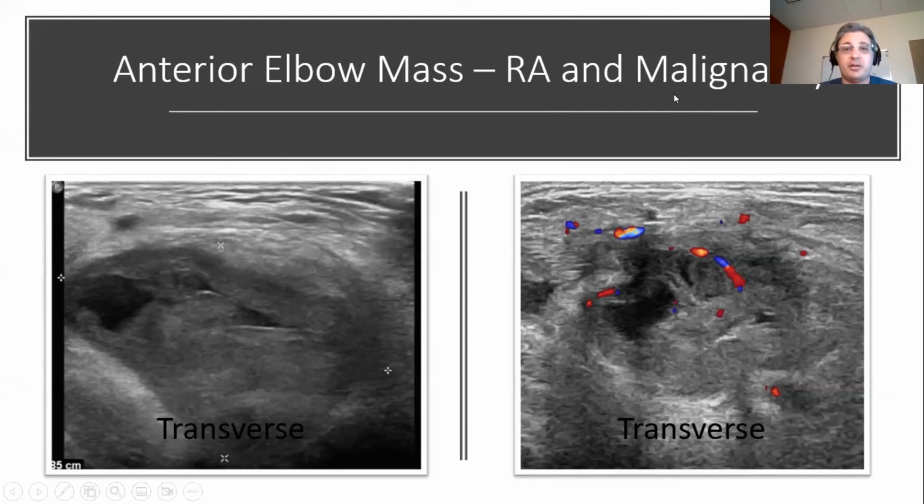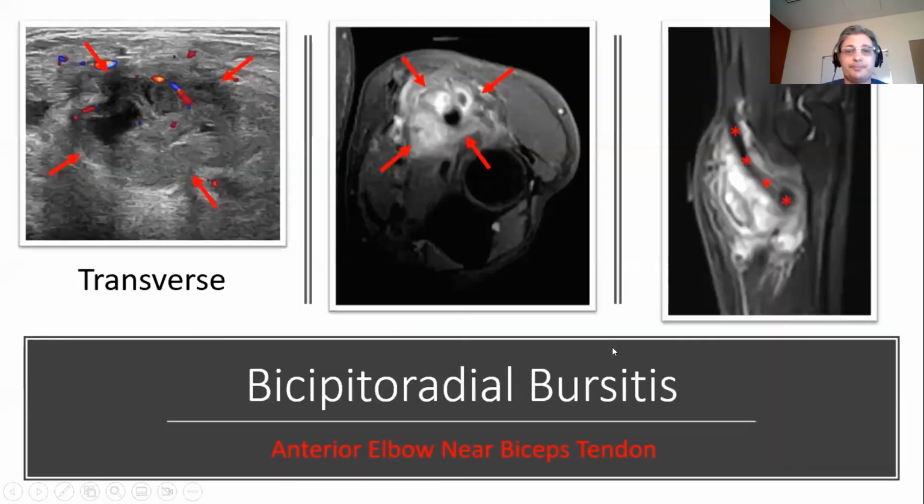The feared question being, is this metastatic disease? Well, we can see that this is another very nice example of a severe example of bicipital radial bursitis.